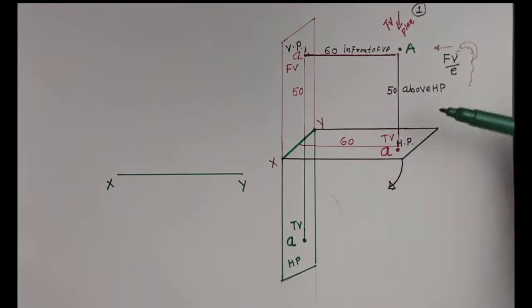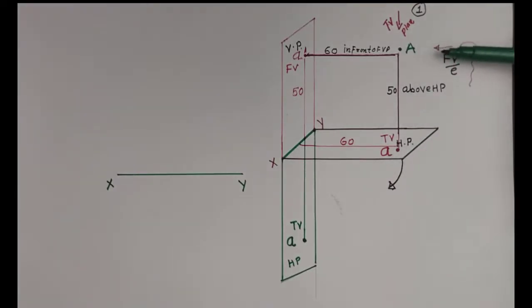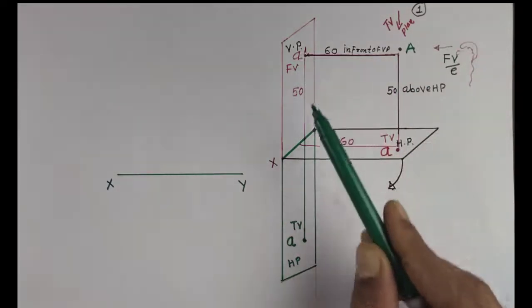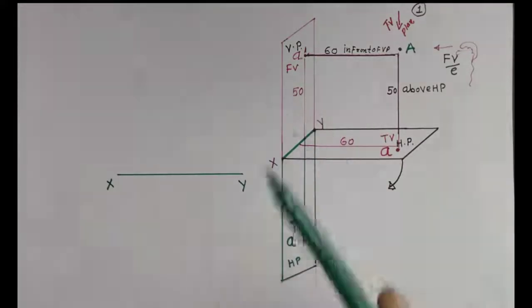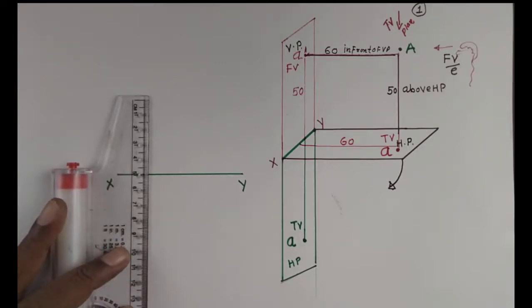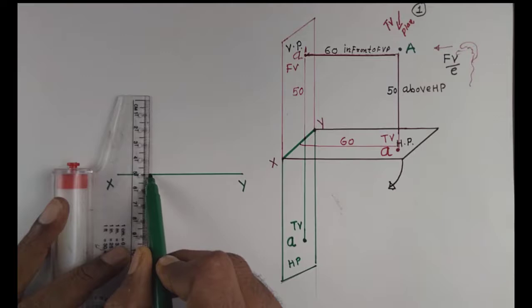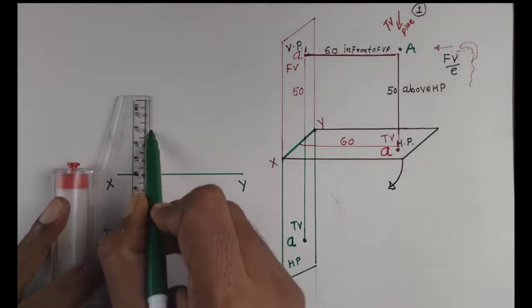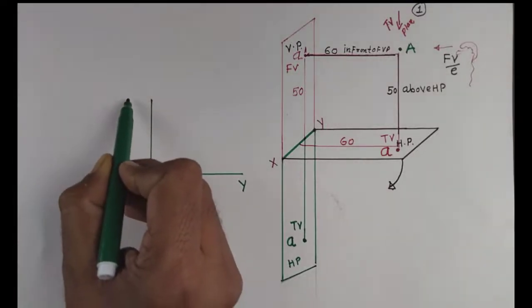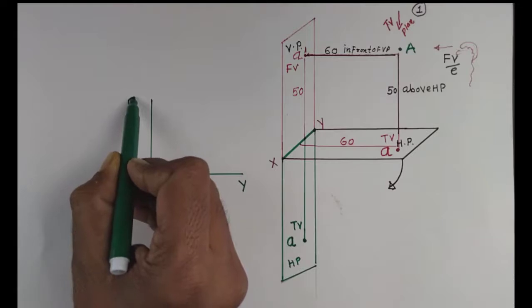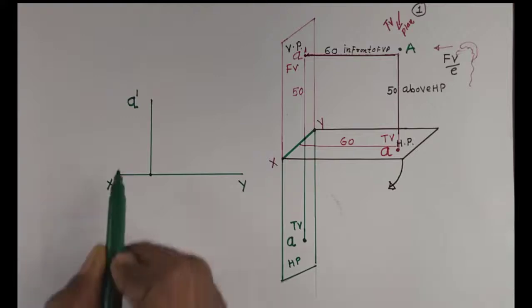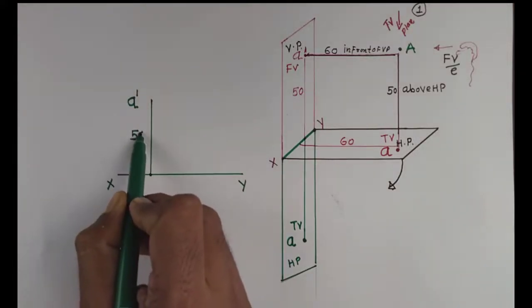Remember, when you observe your point from the elevation, its elevation point A dash is always above the XY line with the same data. So first I mark the 50 mm point above the XY line. It is the condition with HP, 50 mm above HP. It means it is my elevation point A dash, 50 mm from the XY line.